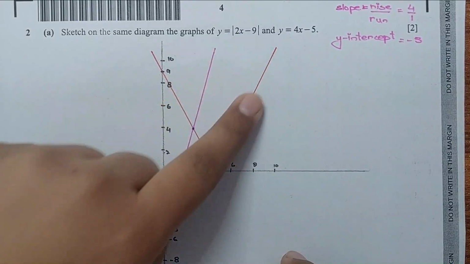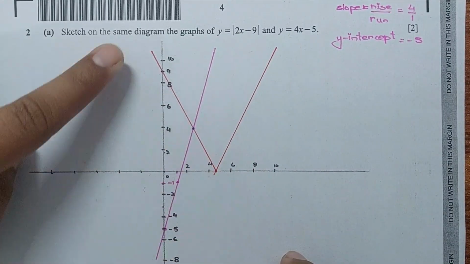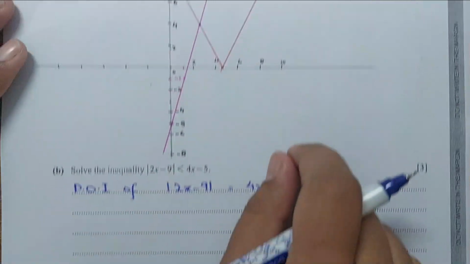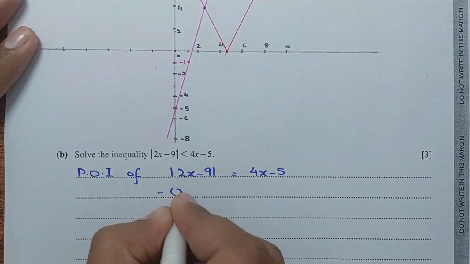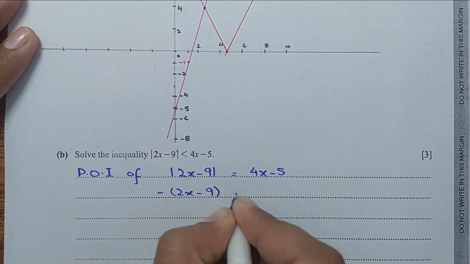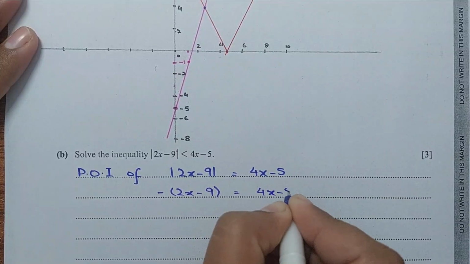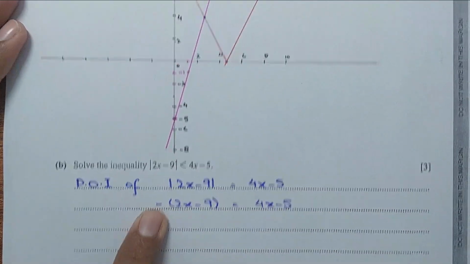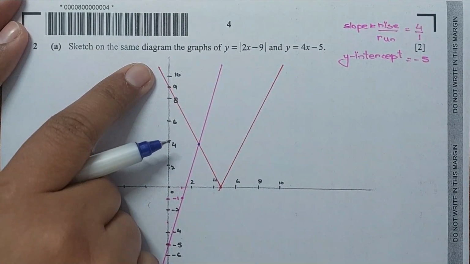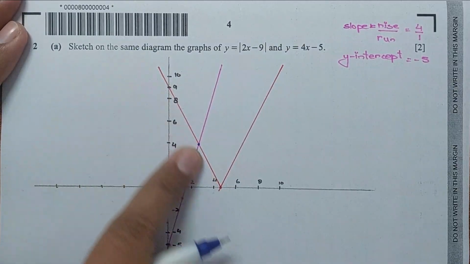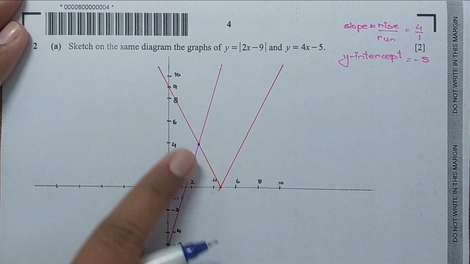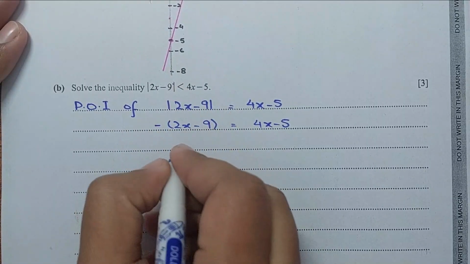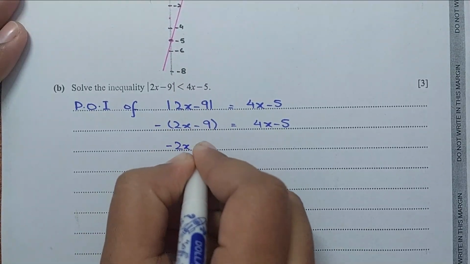So not with 2x minus 9, but with the negative of 2x minus 9. Okay, so it is the negative of 2x minus 9 equals 4x minus 5. I hope it is clear why I put the negative sign, because you can see with the negative of the absolute value function we have the point of intersection, not with the positive one, right? Okay, so here we have minus 2x plus 9.